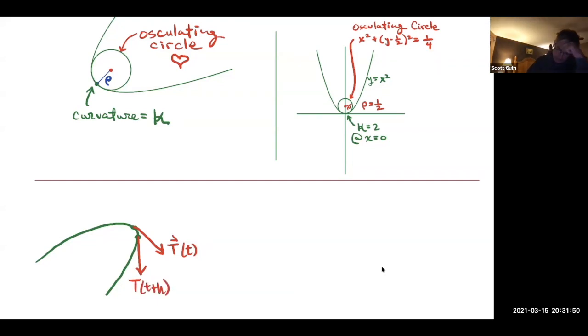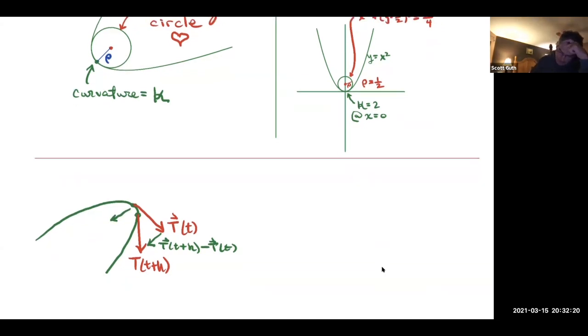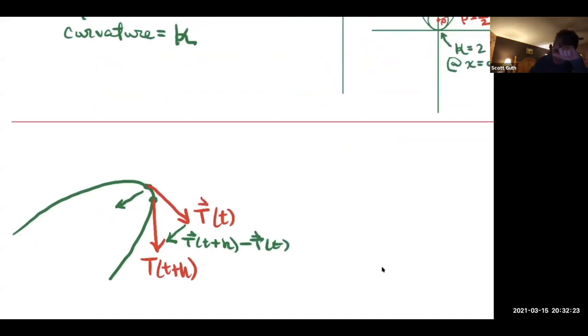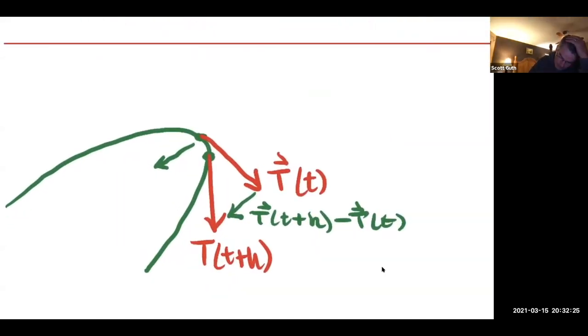We're going to be looking at the derivative of T. We already know that it's perpendicular to T, but pointing this way between those is going to be T of t plus h minus T of t, which I'll also draw over here. That guy there is also T of t plus h minus T of t.